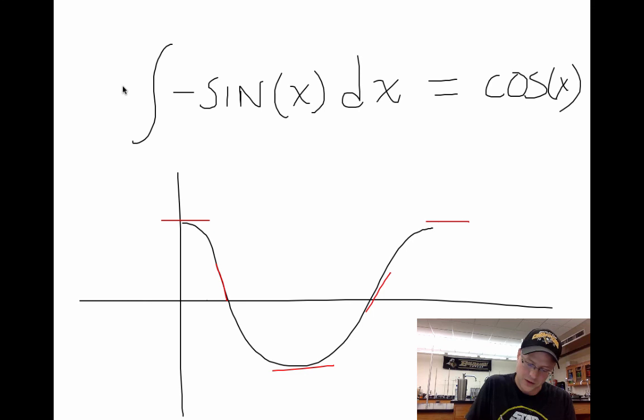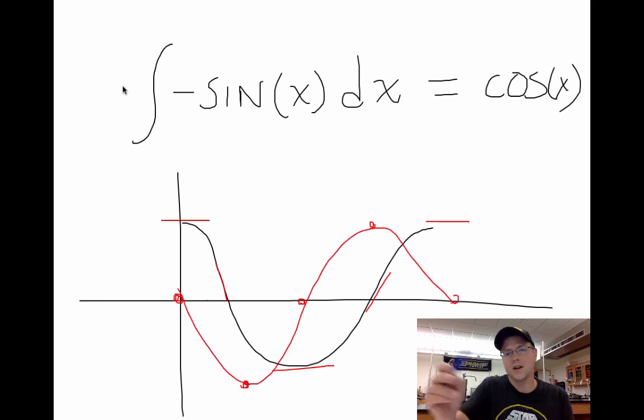So let's plot those points. 0, negative, 0, positive, 0. And you can see that, yes, cosine becomes negative sine, so the reverse of negative sine must be cosine. So you can use graphs to kind of check yourself and prove that those integrals are correct.